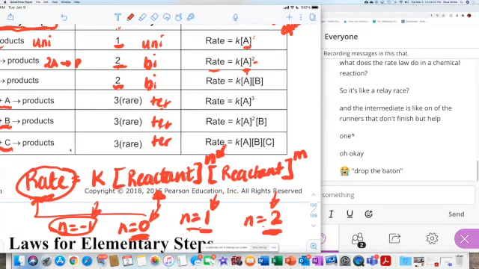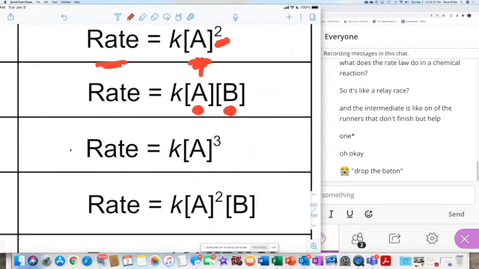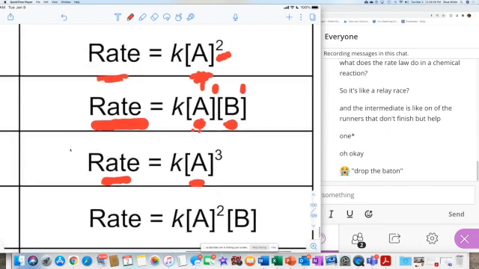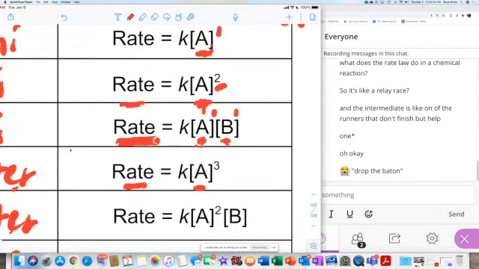Over here we have second order. For these two different reactants, A and B, each one is first order. Even though they are two different reactants, two different people, they have the same level of influence on the rate of the reaction. Here you have one reactant being third order, so this one reactant by itself influences the rate by quite a bit, more than second order and more than first order.